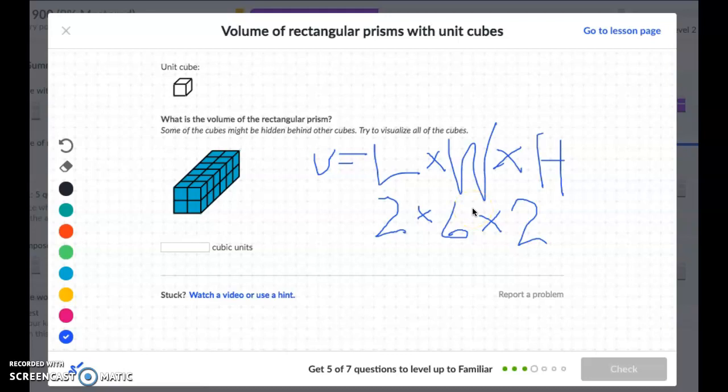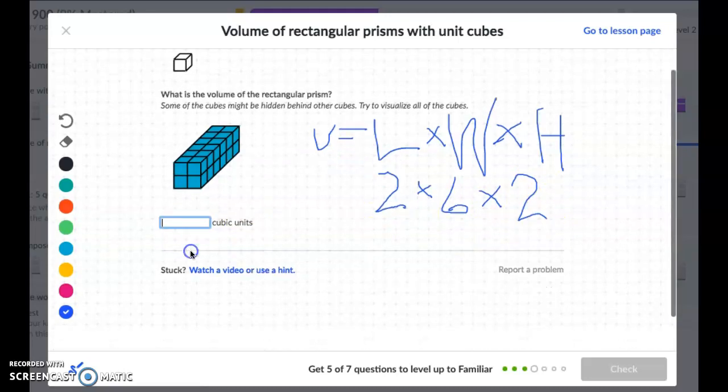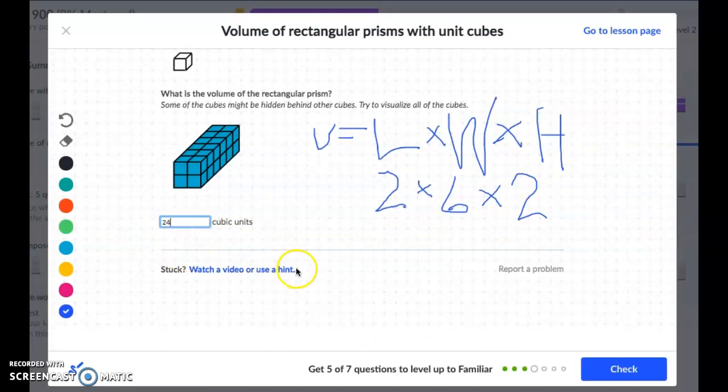Remember, that's okay, because with multiplication the order of the numbers doesn't matter, but the biggest key is to make sure that you don't accidentally count the height 2 times. Okay, so make sure you're always doing how many across, how far back does it go, and how high is it. So 2 times 6 is going to give me 12, and then 12 times another 2 is going to be 24 cubic units.